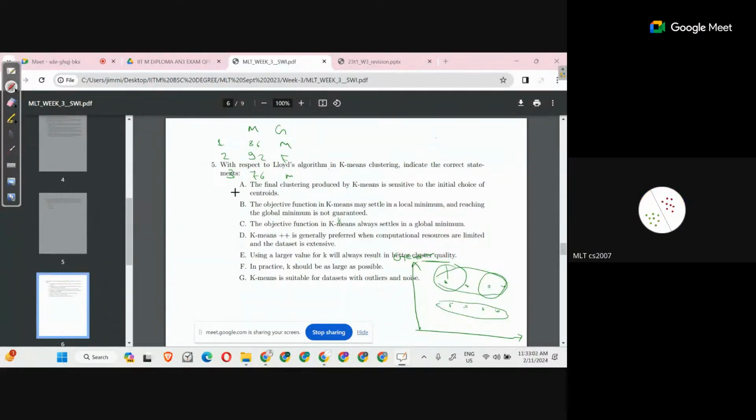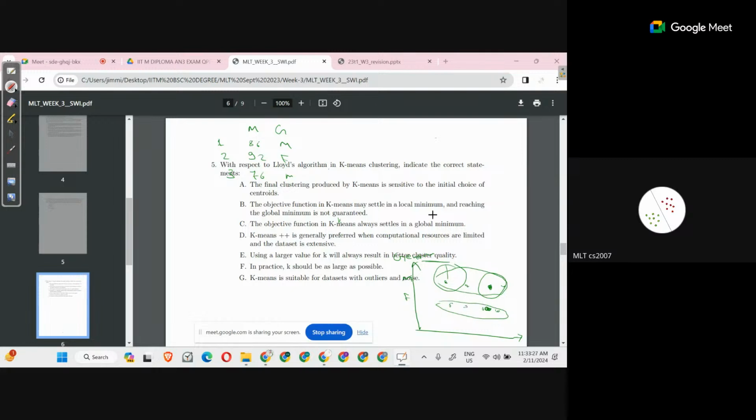Where will we plot that? Here I'm assuming this one is male and this one is female. So 86 and female is somewhere here, and this is 86 and male. Ultimately there will be two different clusters. If we give this as input to the K-means algorithm, it will try to create two groups.